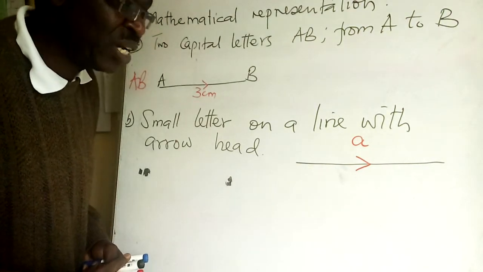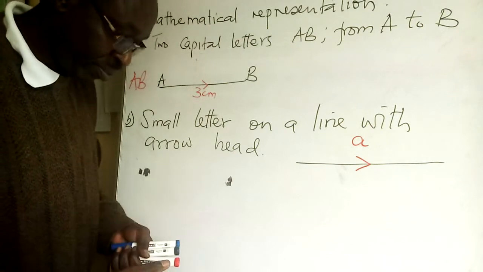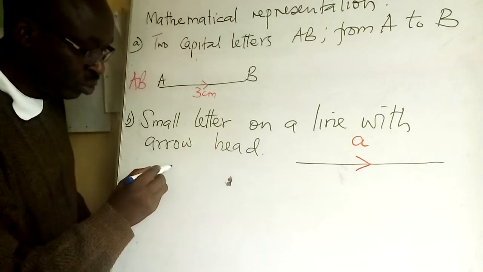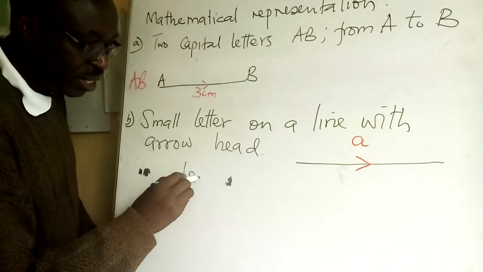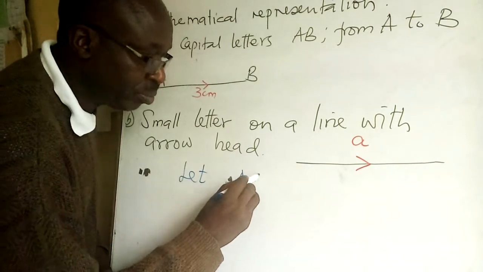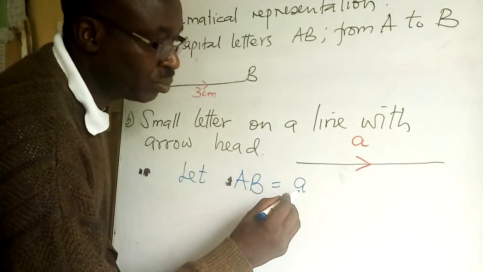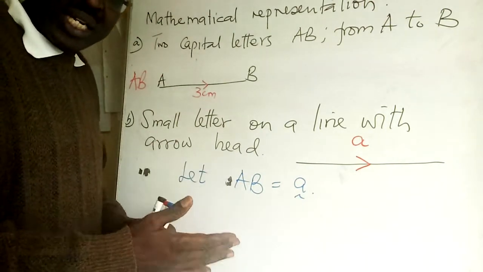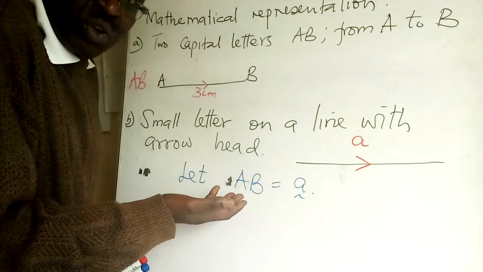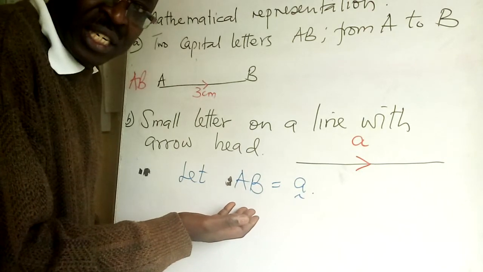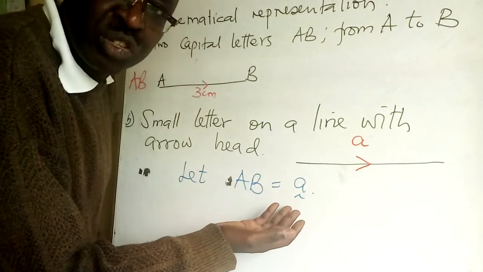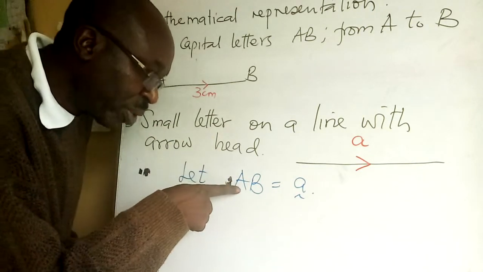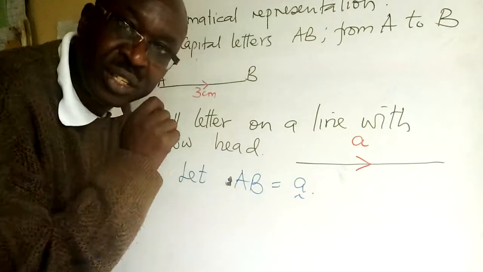But in conclusion, I can also tell you, let AB be equal to a. That is a symbol sometimes we use. That is, the use of capital letters makes use of also a small letter. That this strictly tells you from A to B, let it be this.